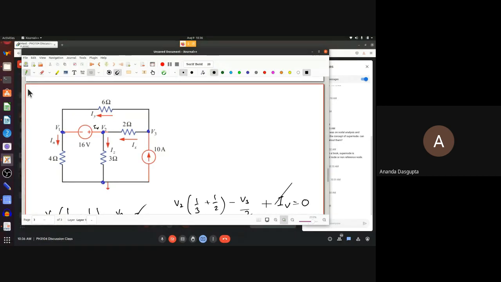So it might even be much neater if you took this point V1 to be the ground, because if you did that, V2 would be simply 16 volts immediately, right? And then you would have two unknowns to worry about, V3 and V4, right? Clear?